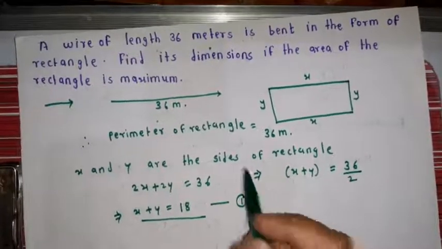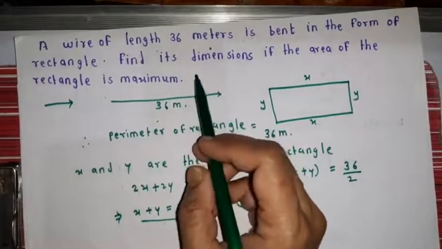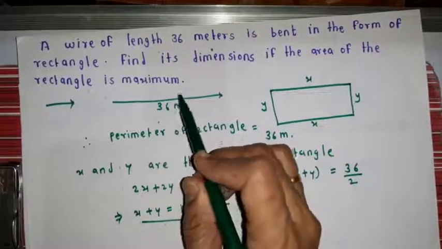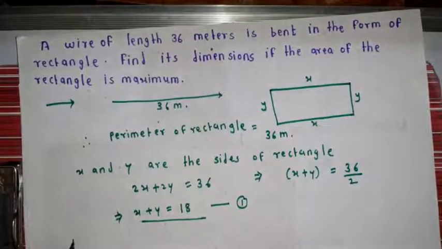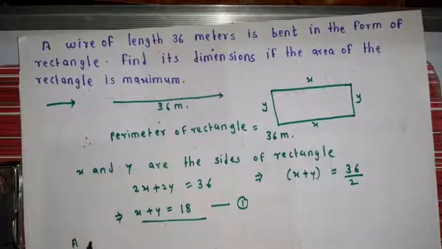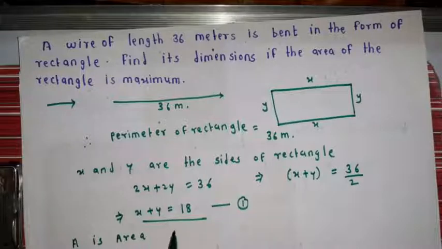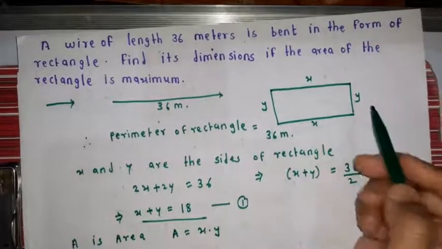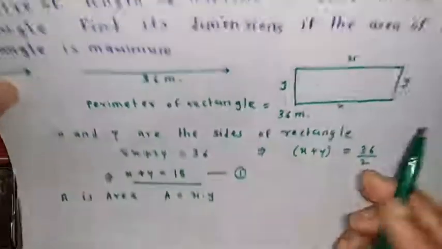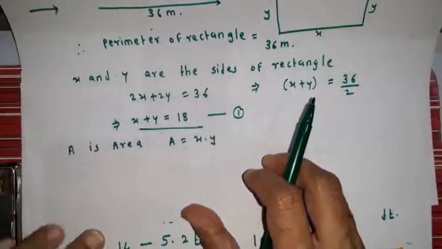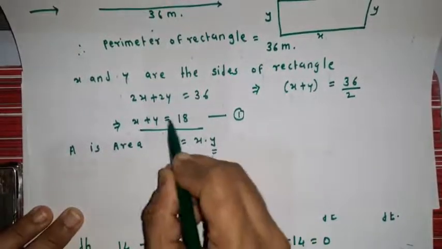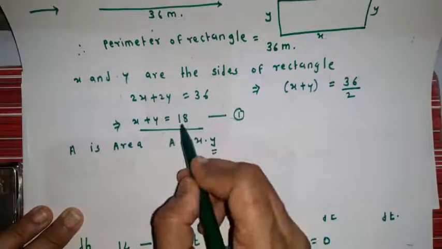Now we have to find the dimensions if the area of the rectangle is maximum. Let A be the area. The area of the rectangle is x into y, that is length into breadth. Now put the value of y from statement 1.